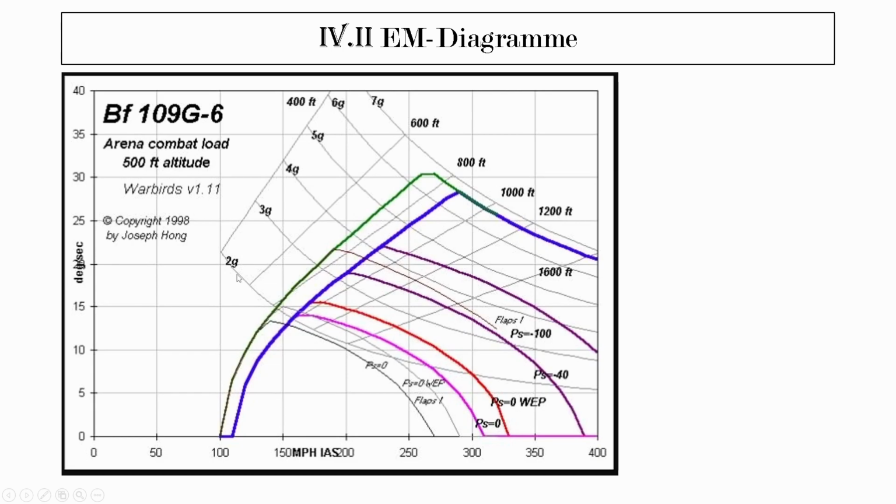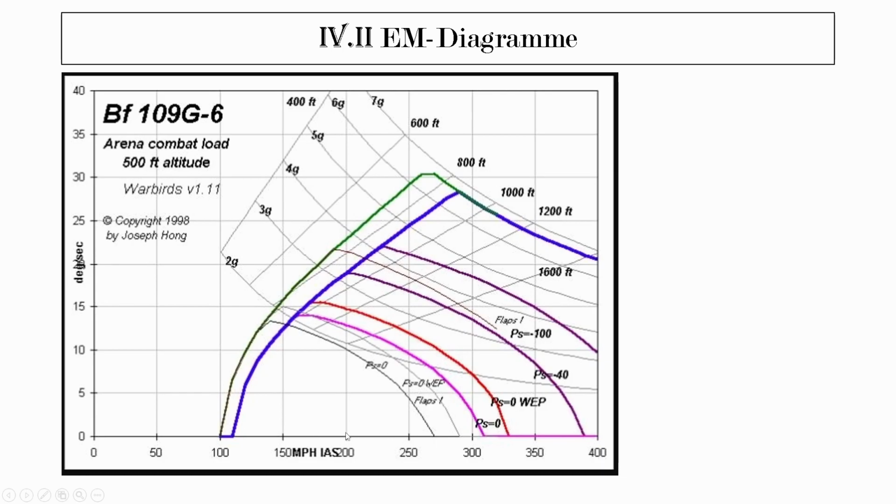So let's say we are here and we want to fly a constant speed. As you can see, the faster we go, at more or less constant G loading, we will lose turn rate.